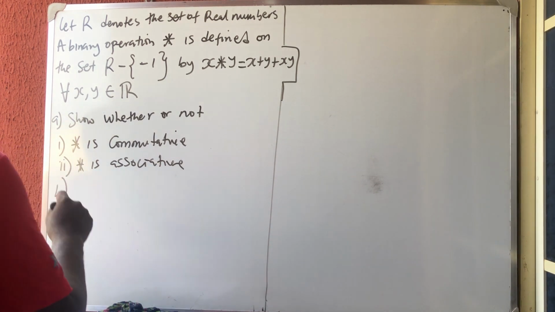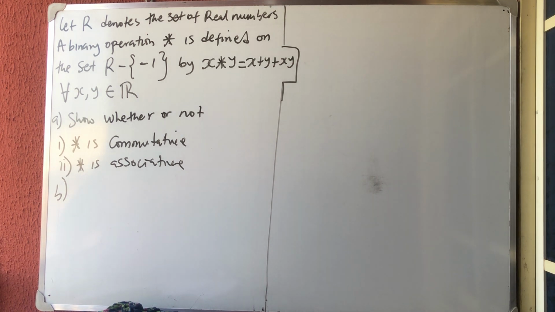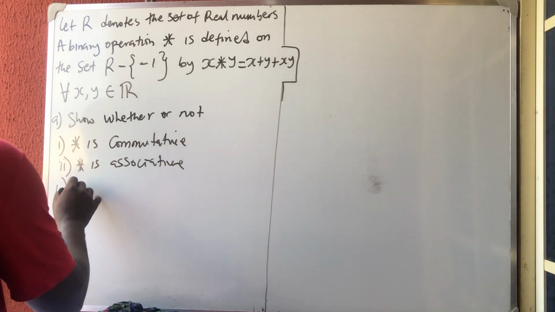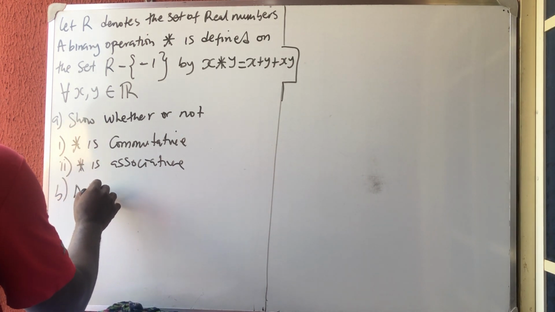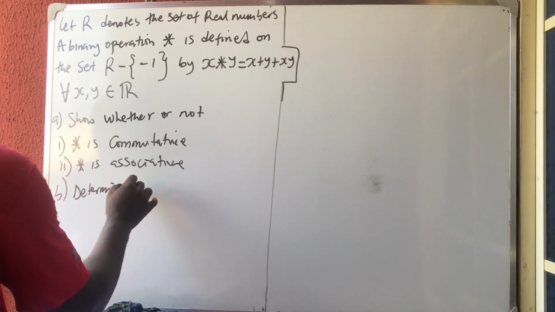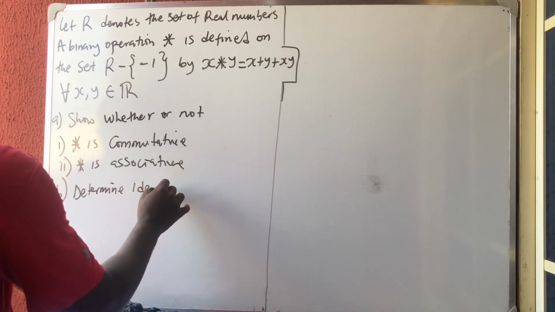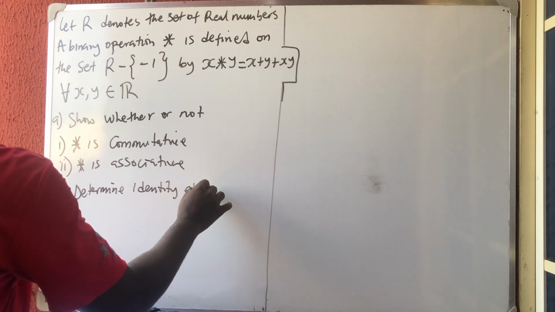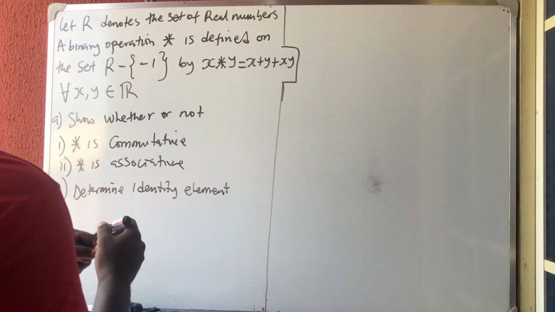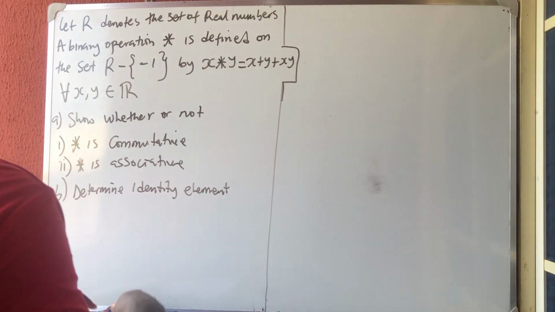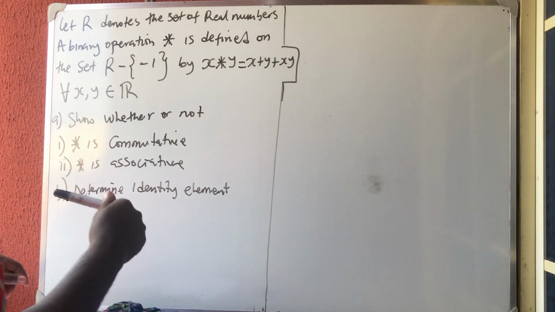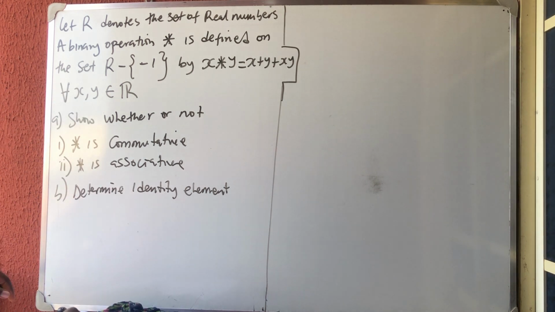Then B, determine the identity element. Determine the identity element. Okay, very, very simple. So what do we do now?